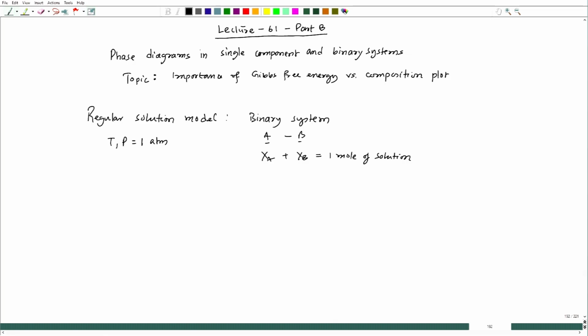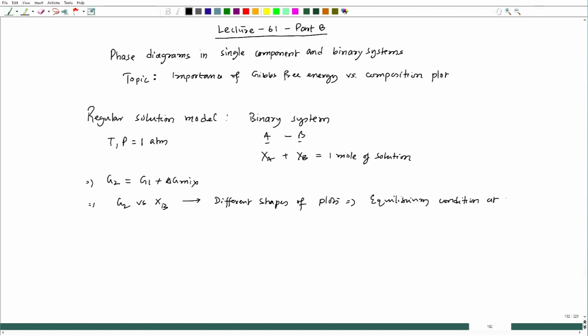That is the framework, and the equation we are considering is G2 equal to G1 plus delta G mix, and we are trying to draw G2 versus X B. And this gives me different shapes of plots, and then from there we are trying to assess equilibrium condition at each temperature, and that information we are reflecting on a temperature versus X B plot, which gives me the phase diagram.